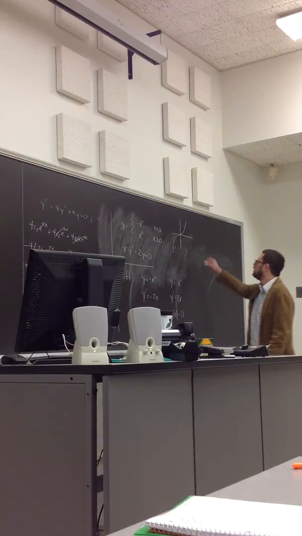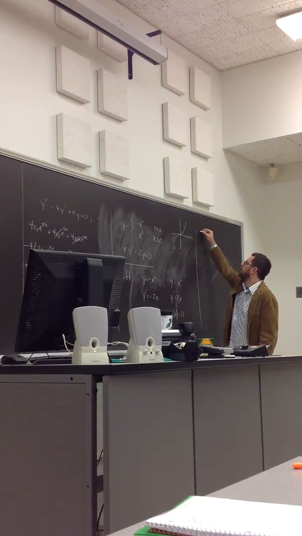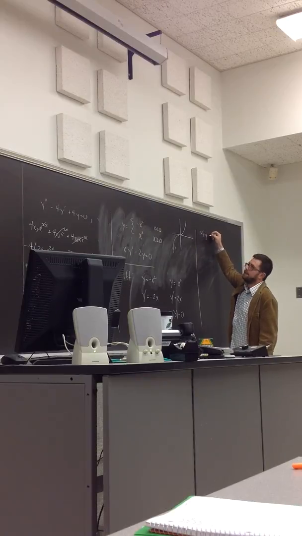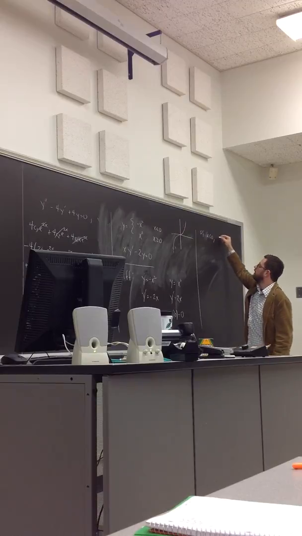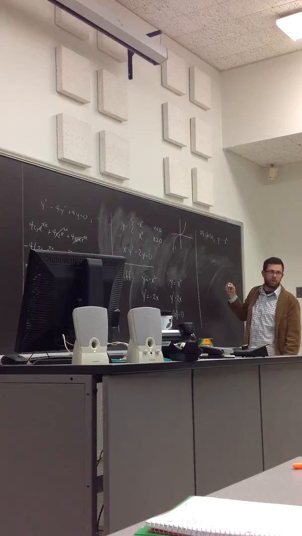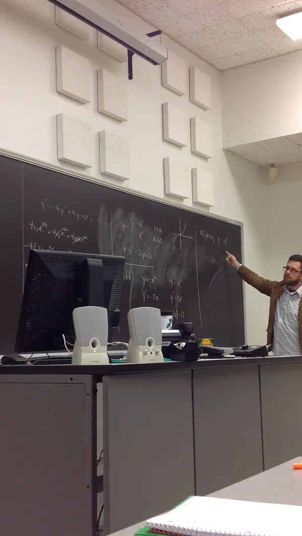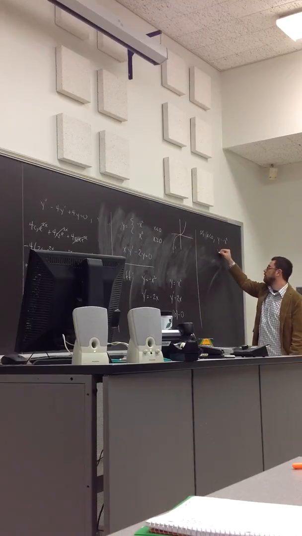If x is less than 0, then we know that y is equal to minus x squared. So let's substitute this into the equation, first derivative.